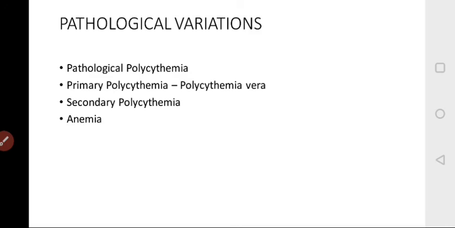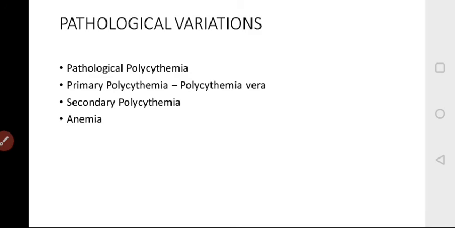Next, poisoning by chemicals like phosphorus and arsenic. Next, repeated mild hemorrhages. All these conditions lead to hypoxia, which stimulates release of erythropoietin. The erythropoietin stimulates the bone marrow, resulting in increased RBC count.